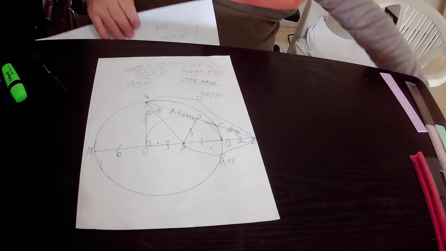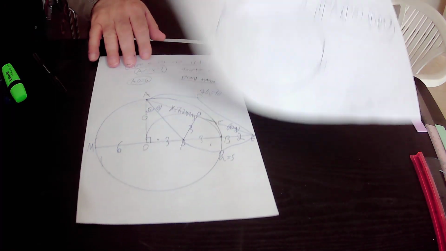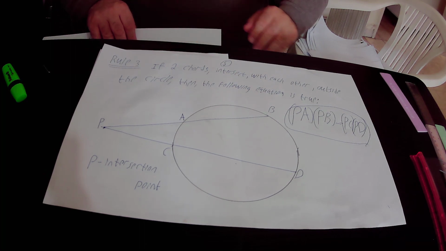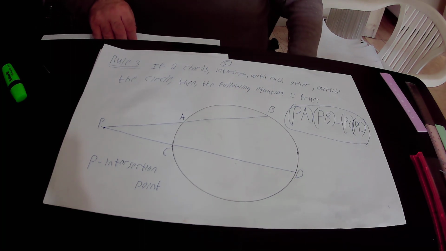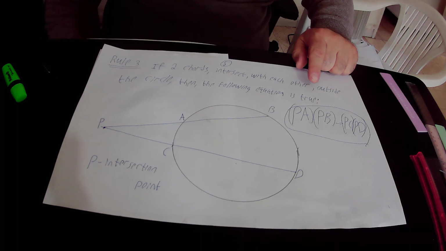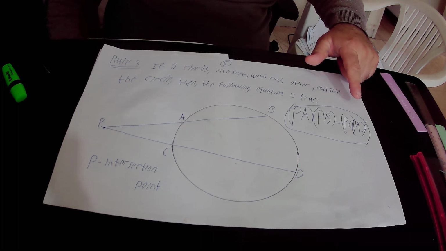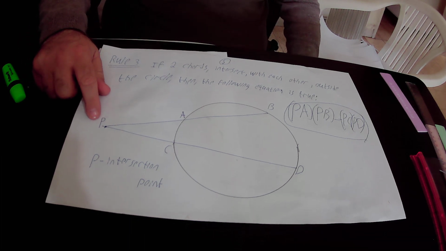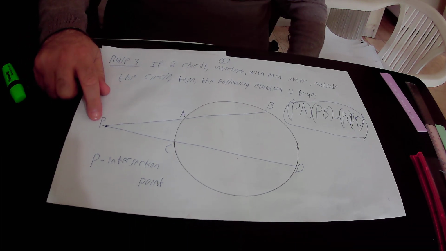Then I presented to you rule number 3. According to rule number 3, if two chords intersect with each other outside the circle, then the following equation is true: PA times PB equals PC times PD. So we have the external point P. This is the intersection point.